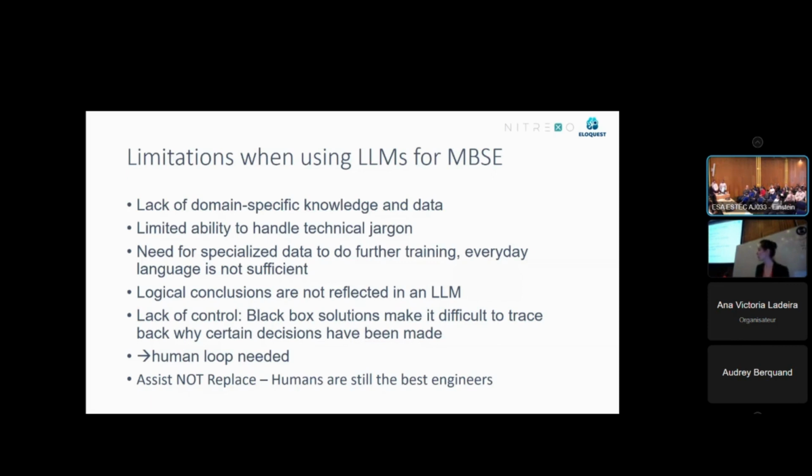Also, it's a black box approach, and when it comes to quality assurance, we can't totally rely on a black box approach.